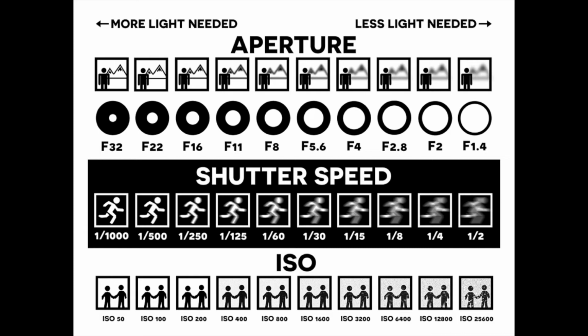One of the trickiest things to get used to in photography is the idea that the larger number, like f32, is a smaller aperture. It seems like it should be the reverse. The reason things are set up that way is that we're actually talking about fractions. When we're talking about f32, we're not talking about a full number 32.